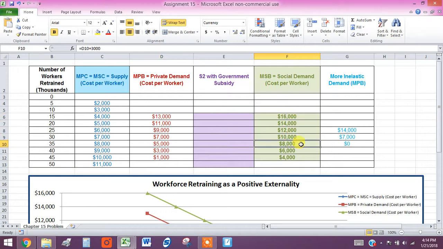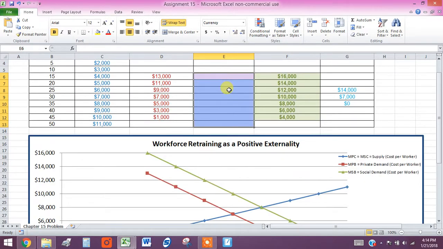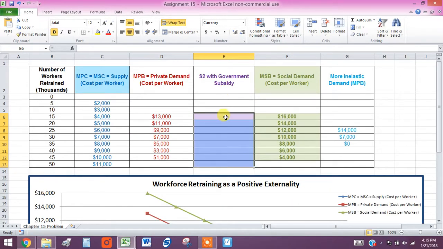I guess I had that in there in the one that I sent to you guys, and I probably shouldn't have. But anyway, I'll have to check on that. Wow, it's not in there. This is where we are, right here. We've already done that one. Wow, what am I thinking? Sorry, guys. We need to fill out the supply curve with the government subsidy.